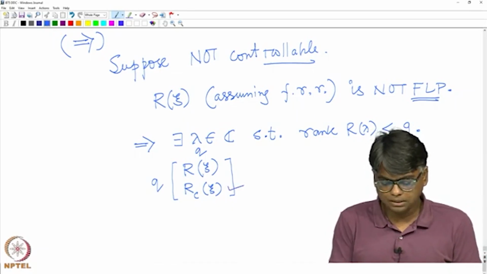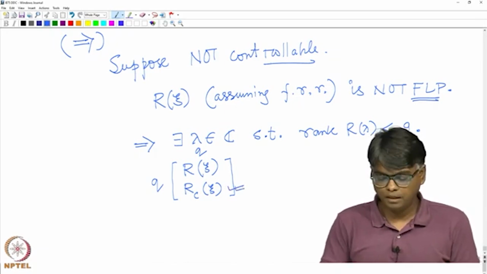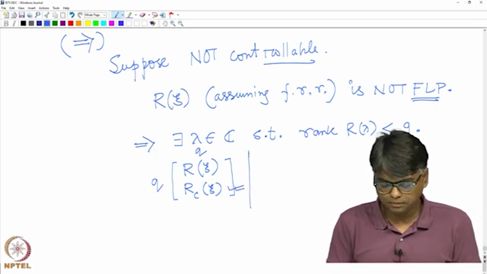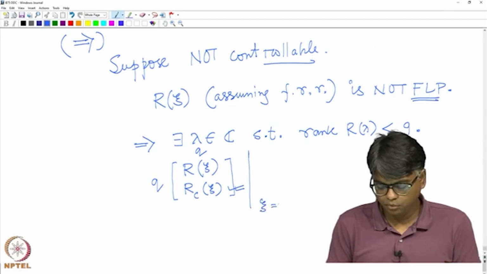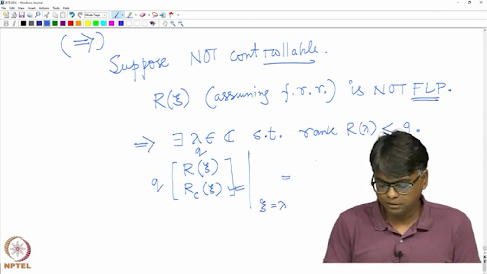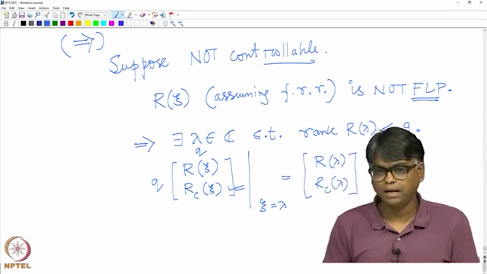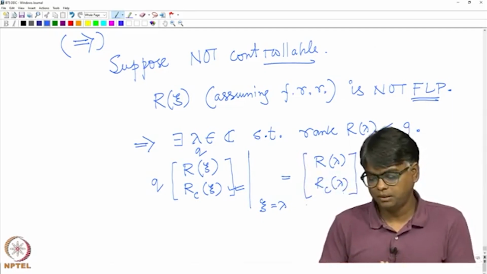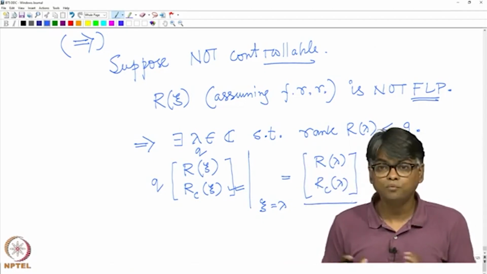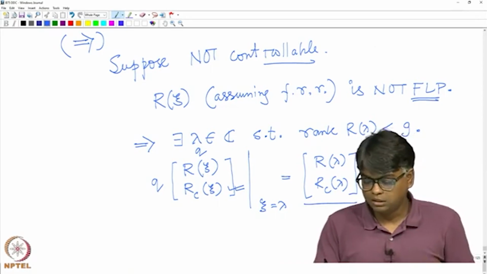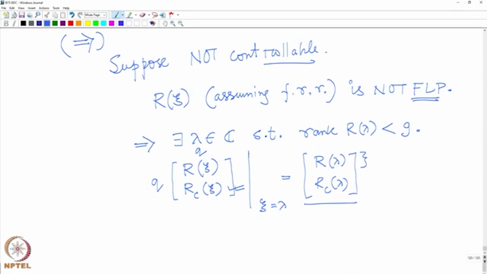Notice, no matter what R_c(ξ) we choose, if I evaluate this matrix at ξ equal to λ, I will have R(λ) over here and R_c(λ) over here. Can this square matrix be full rank? Of course not, because the top rows are dependent.